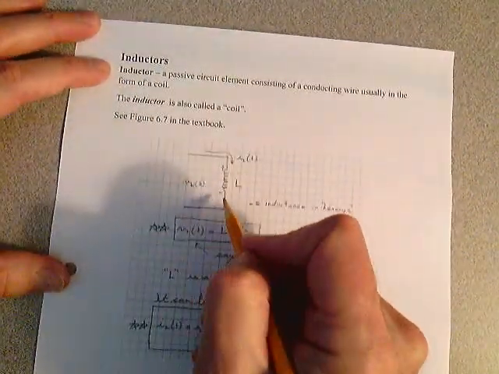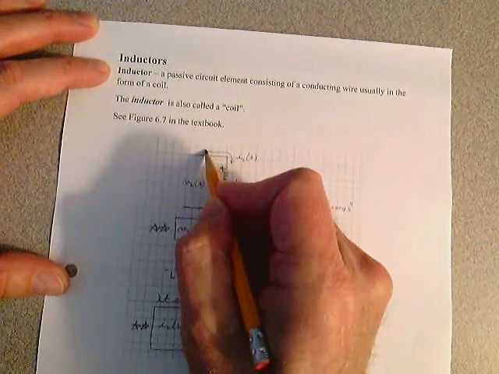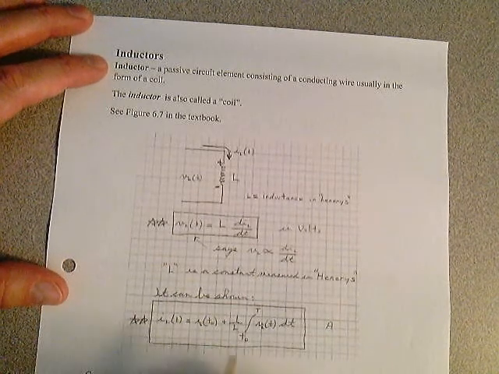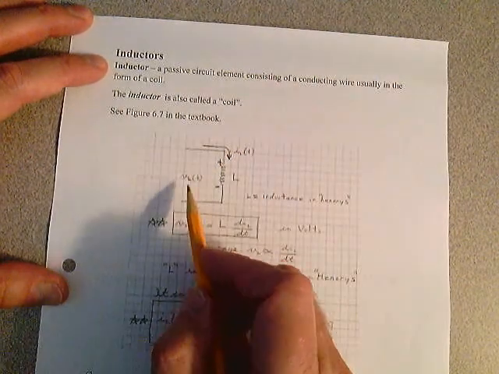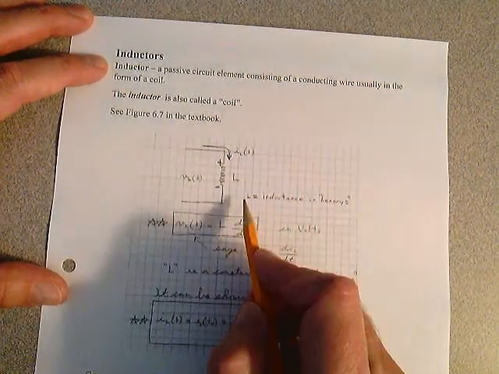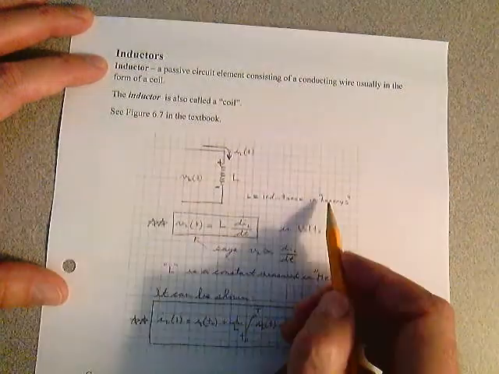Notice that we have a coil in a circuit here, and it's a passive sign convention, plus and minus, as current flows down through that inductor. That's the current to the inductor with respect to time. Here's the voltage across the inductor with respect to time. Inductance is measured in henries with a capital H.